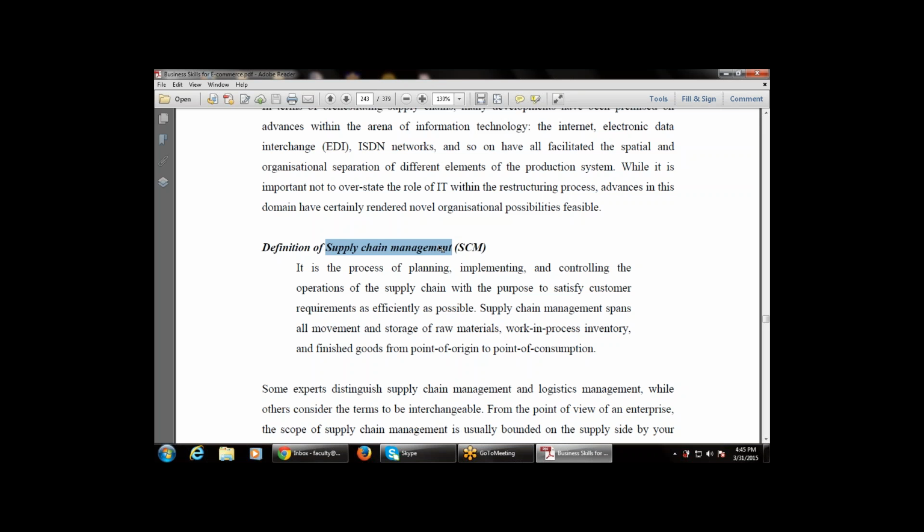Supply chain management spans all movement and storage of raw material, work in process inventory and finished goods from point of origin to point of consumption.